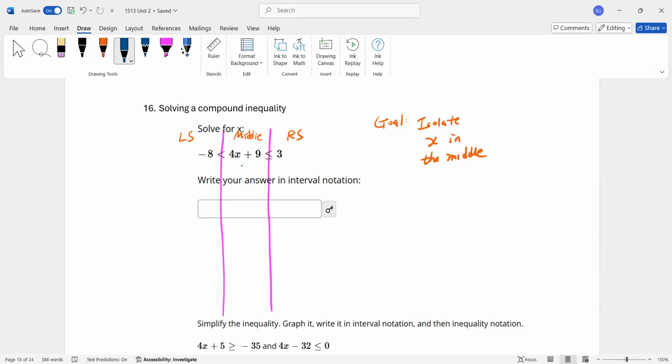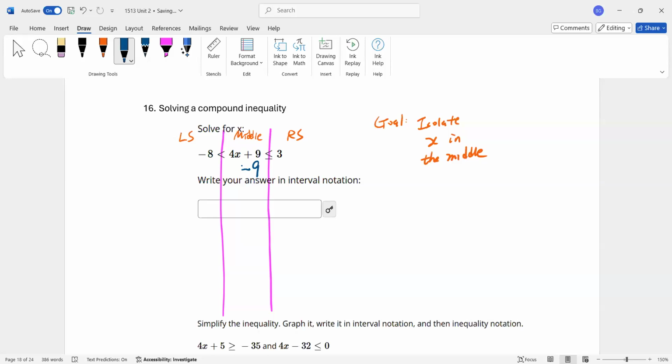We're going to apply the same treatment to all three parts: left side, right side, middle. We must treat all three parts the same. We need to subtract 9 from the middle because we want to isolate x, right? We want to get rid of 9.